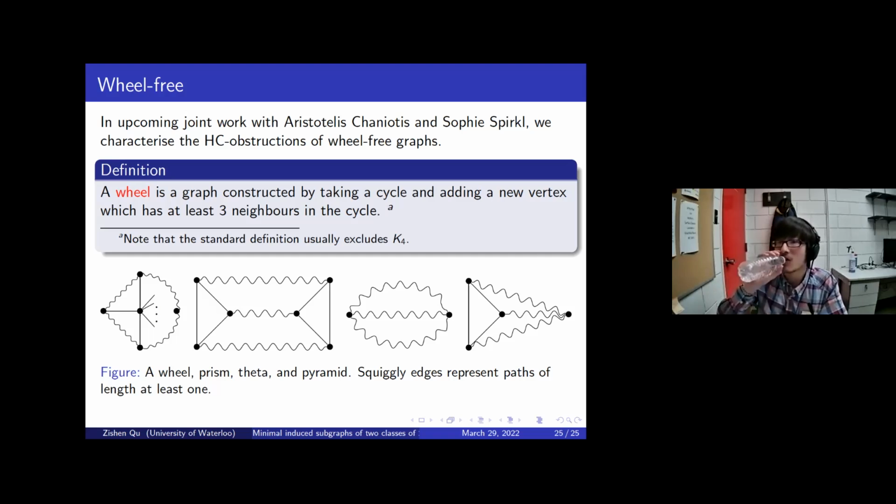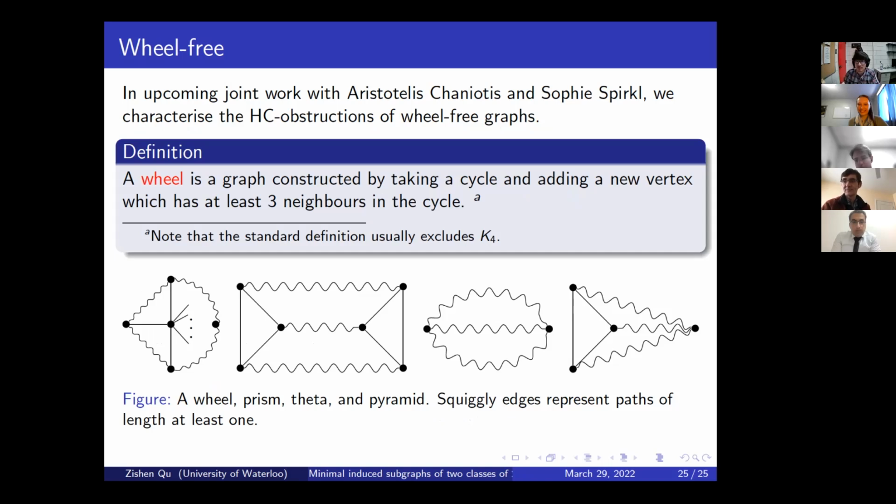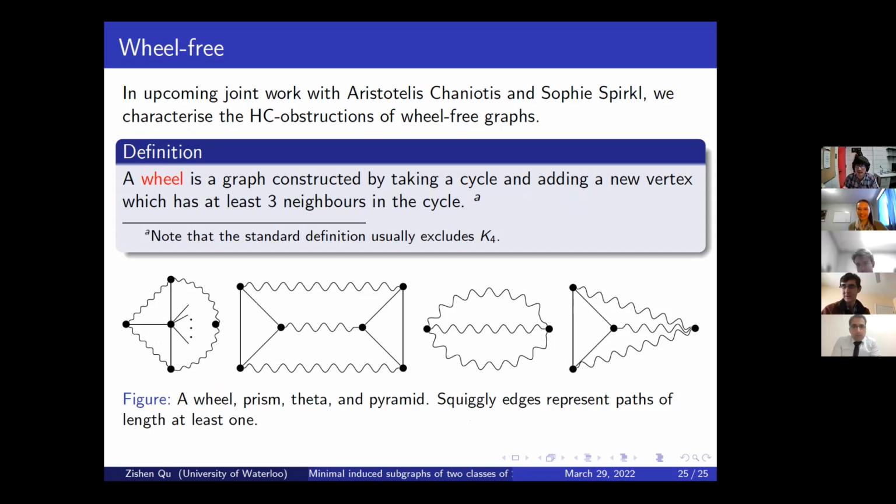Awesome, thanks. Does anyone have any questions? Yeah, so most of your examples have vertices of degree 2, and the ones that don't would have vertices of low degree anyway. So if I was looking at HC minimal things, do you know how to prove that the minimal ones have vertices of low degree anyway?